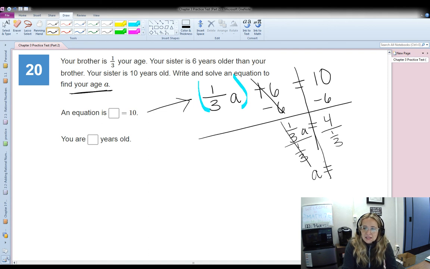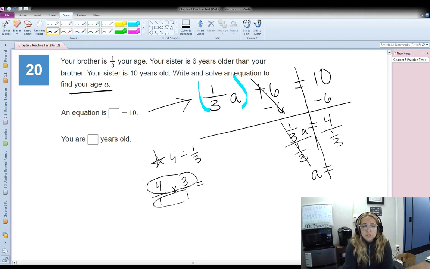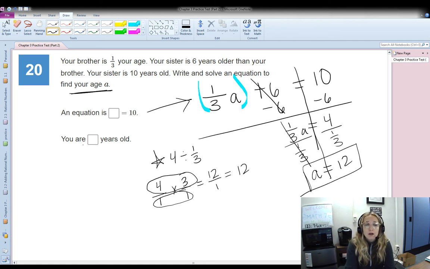We're left with A equals, over here, let's do 4 divided by 1/3. Remember, keep, change, flip. 4 over 1 times 3 over 1. Multiplying fractions, we multiply numerator and numerator, denominator and denominator. It's going to be 12 over 1, which is the same as 12. So my age is 12. So I am 12 years old, and my equation is 1/3 A plus 6 equals 10.